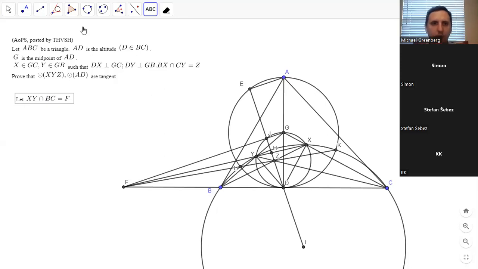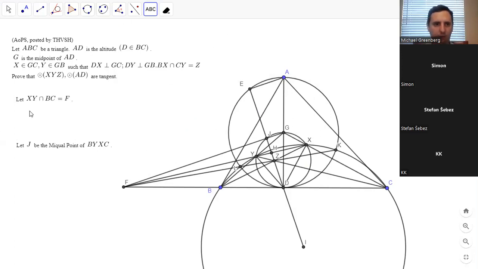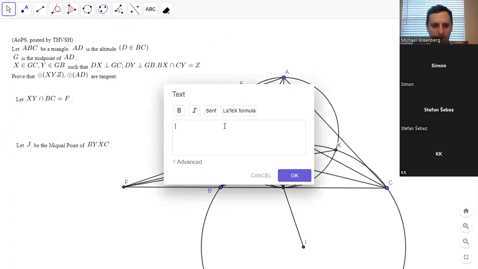Okay. So let J be the Miquel point of BYXC. So first we're going to show BYXC is cyclic. So we have GY times GB is equal to GB squared, which is equal to GX times GC.